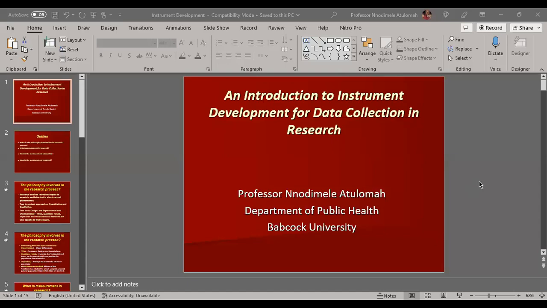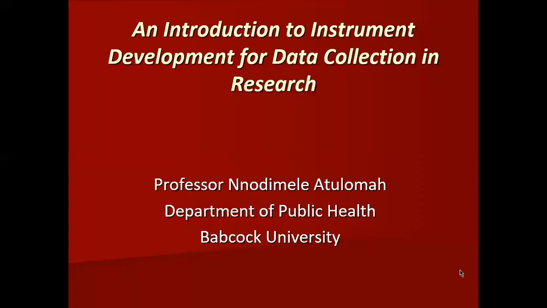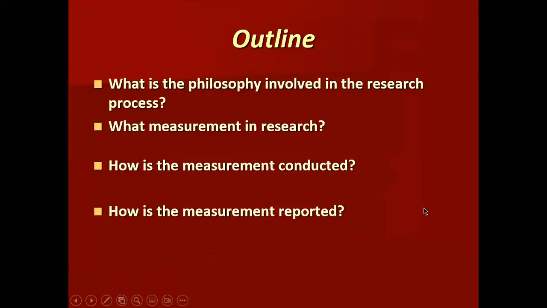All right, so the title of this presentation is An Introduction to Instrument Development for Data Collection in Research. Okay, so let's look at the outline. We're going to say that there are 4 areas of consideration at this time.